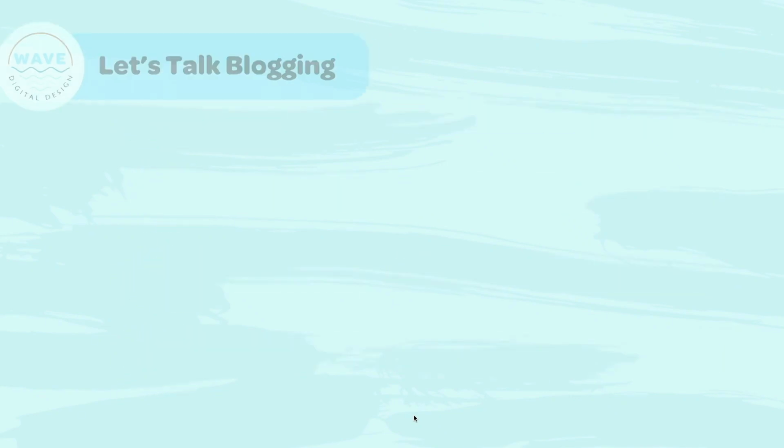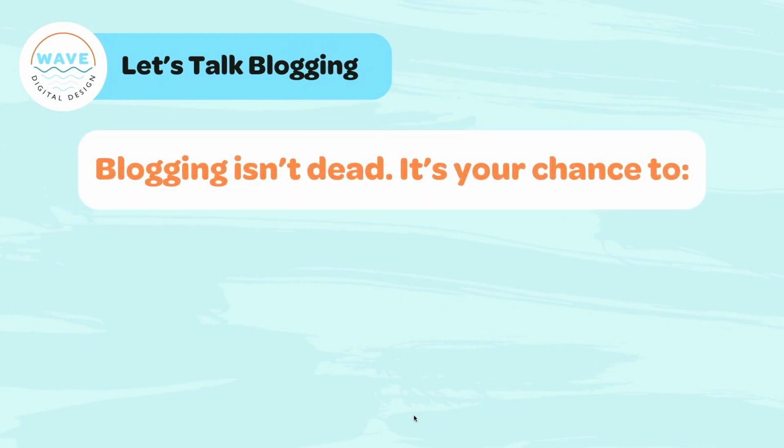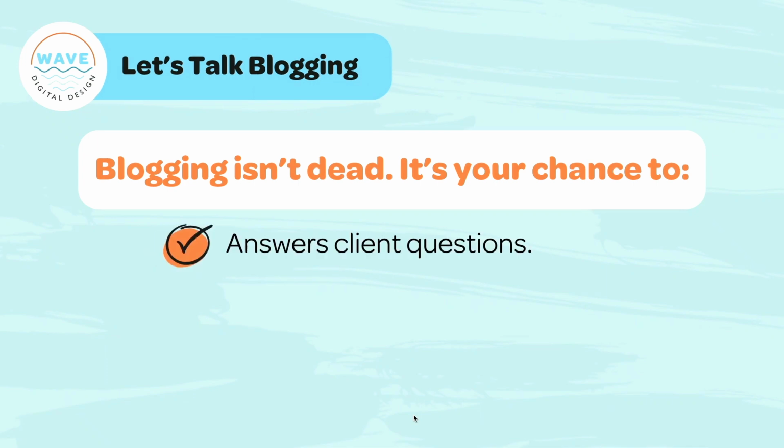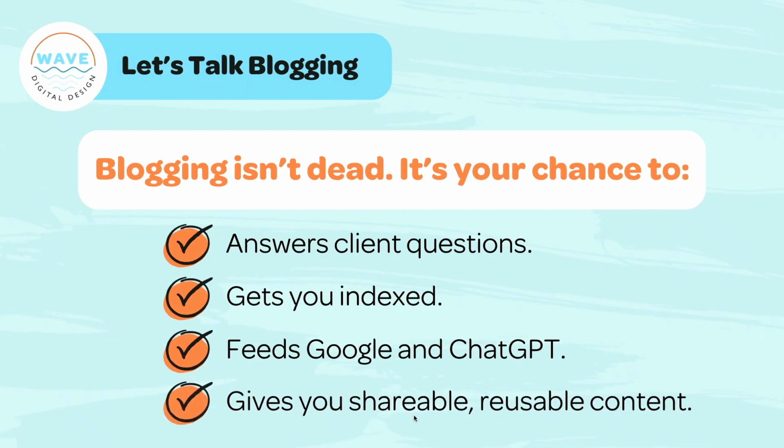So let's talk about blogging. Now, a lot of people might think blogging belongs in the 90s, but it definitely is not dead. I love blogging, and I think it's an absolutely amazing thing to add to your website. It's your chance to answer client questions, get you indexed, feed Google and ChatGPT, and gives you shareable, reusable content.